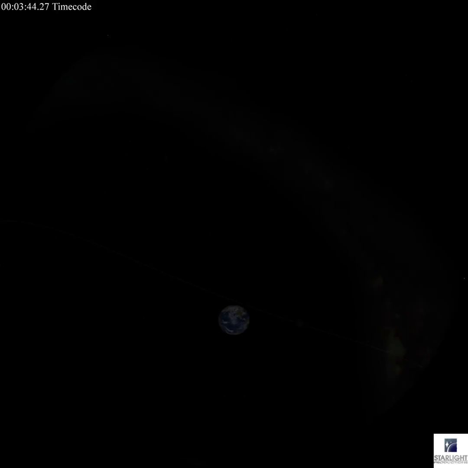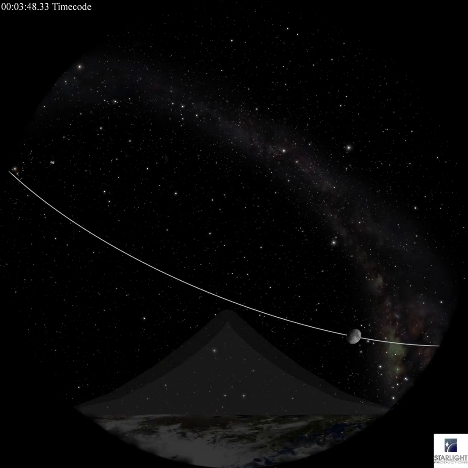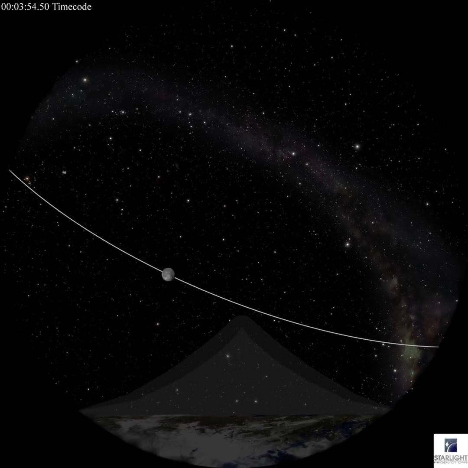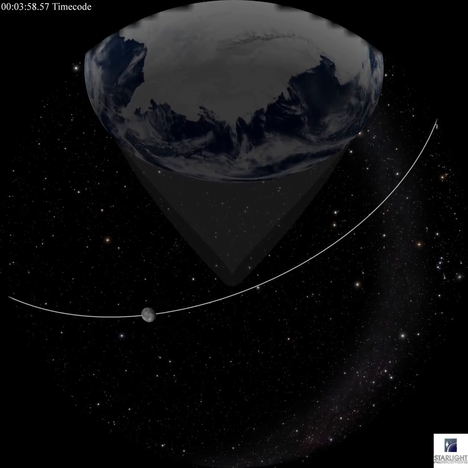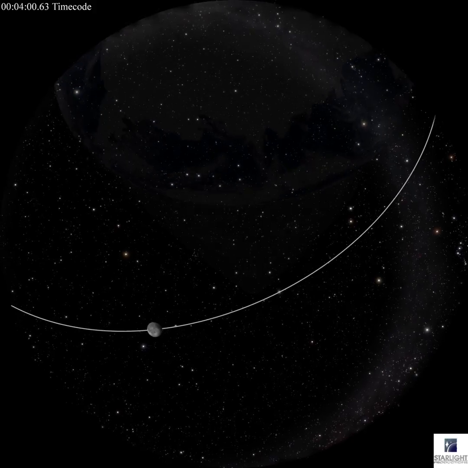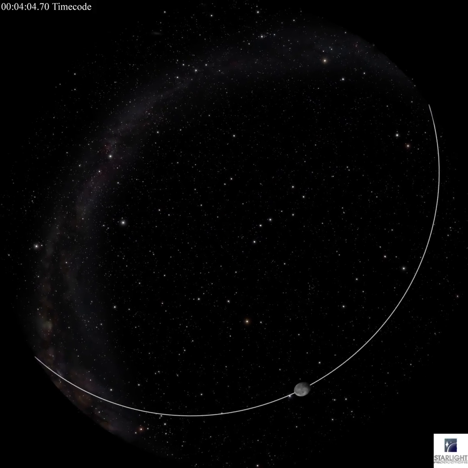Everything that is lit by the sun casts a shadow into space. When we can see the full moon, it is because the moon is either above or below the shadow cast by the Earth. It spends most of its time outside of Earth's shadow. But this is not always the case.